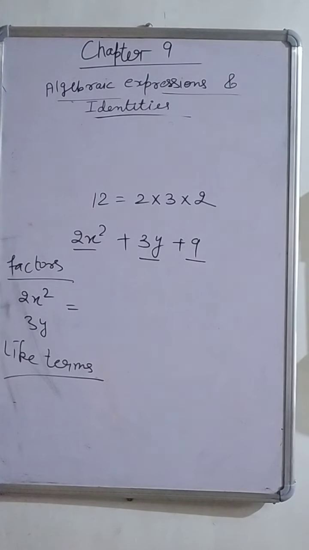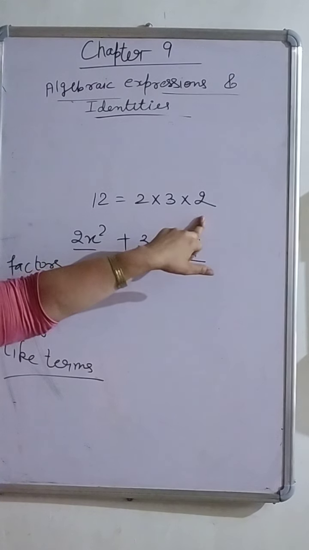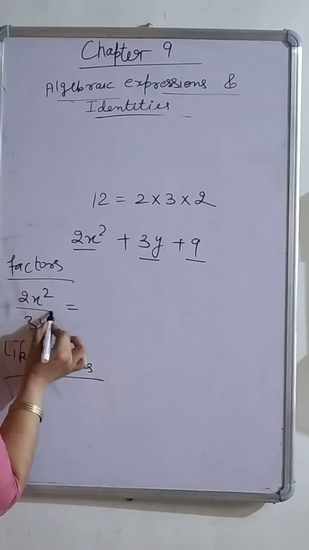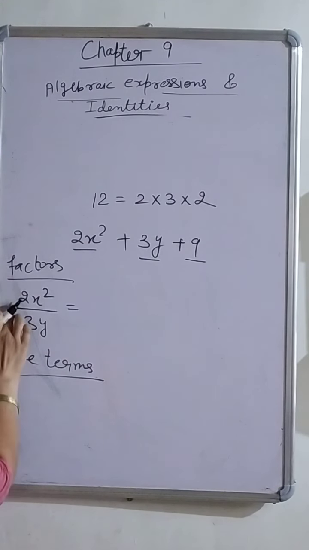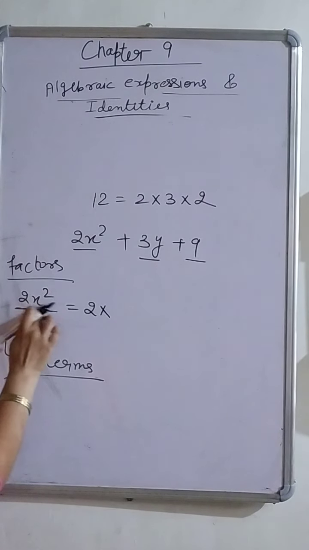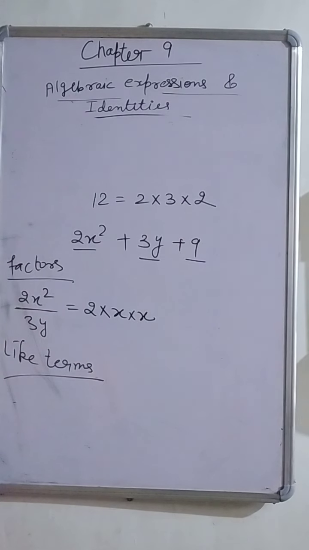Factors means we write a number in product form, splitting the bigger number into smaller parts. So write the factors of 2x square. This has numerical factor 2, and the variable factor x square means x is multiplied by itself 2 times.